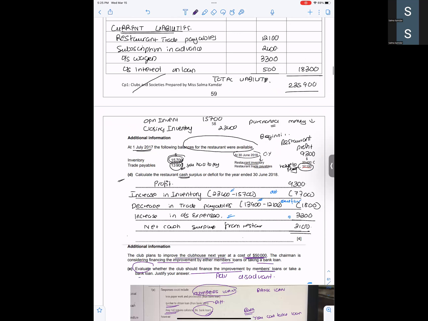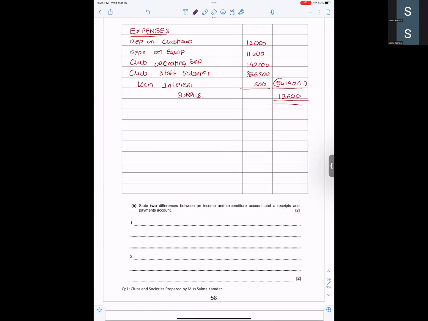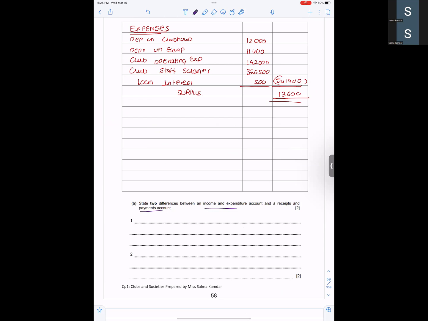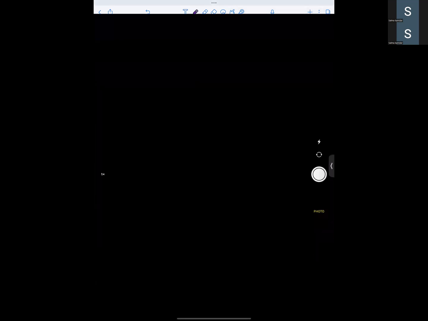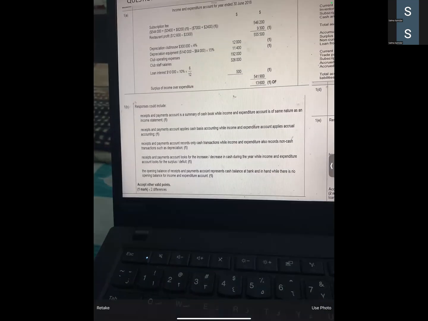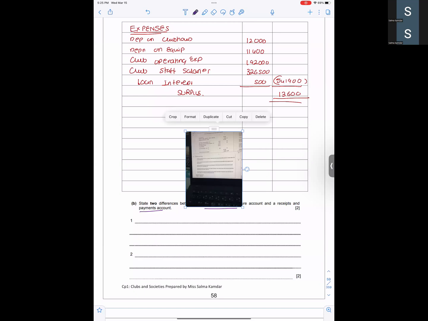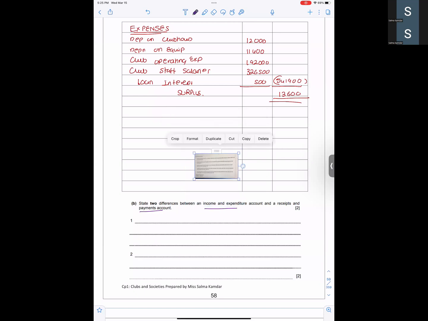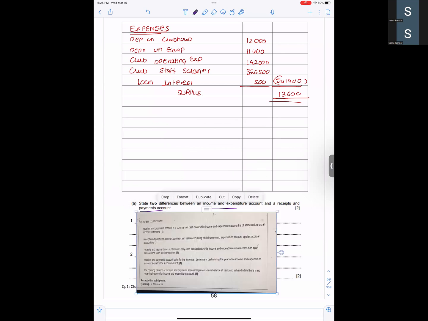The next question was, state two differences between an income and expenditure account and receipts and payment account. You already know receipts and payment account is only going to give you money coming in, money going out. It's cash basis. And your income and expenditure account, what is it going to give you? Income and expenses. So it is going to take into account all the accruals and prepaid.